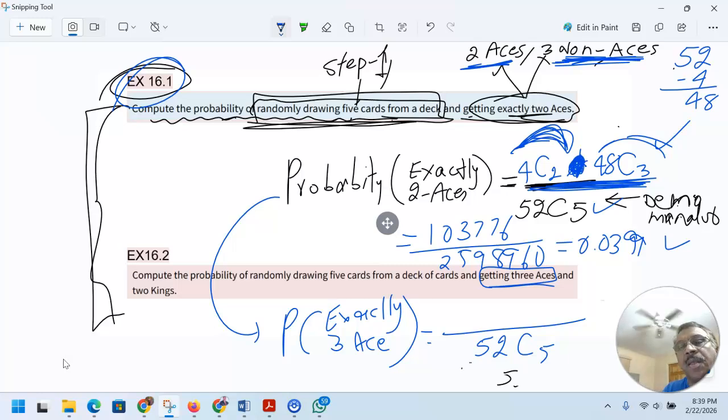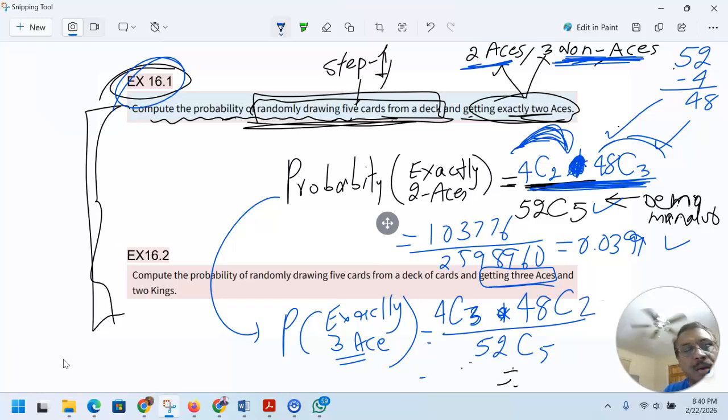But the top will change because you want exactly 3 aces. Since there are 4 aces and you're picking 3 aces, it will be 4C3. And then the 48 stays the same, but non-aces will be, because 3 aces and the remaining are the other two, since all cards are 5 of them, this will be 2.